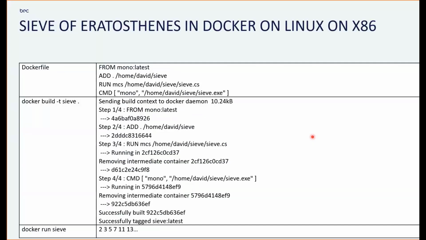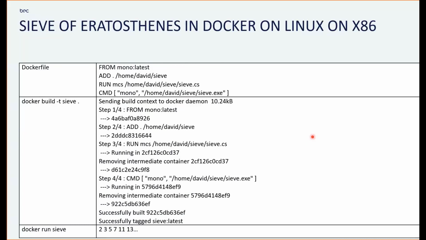So we wrote a very small Docker file, or stole it from David Bolton, only 4 statements: FROM mono latest version, ADD the application, which adds the source, and on top of it, RUN the compiler MCS, and then the command mono runs the executable.